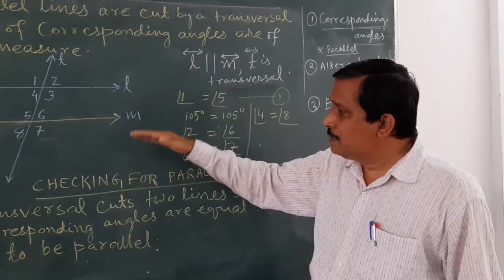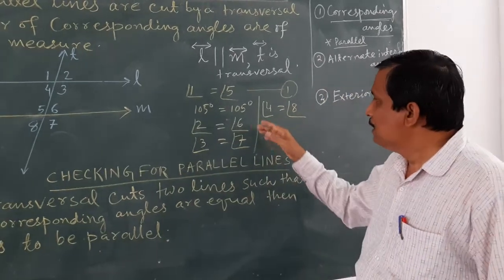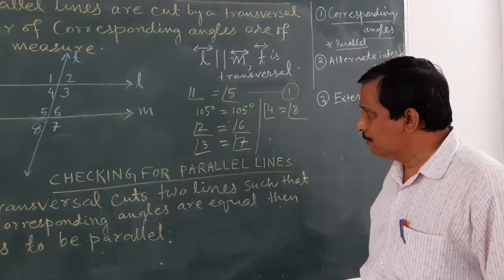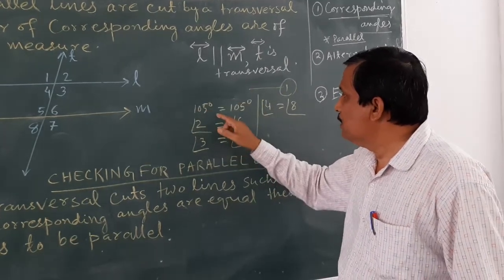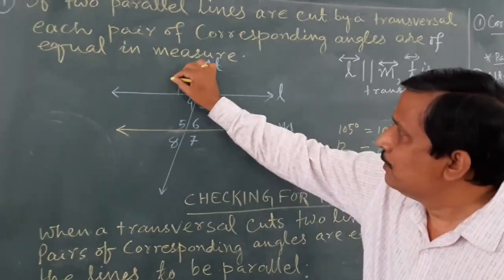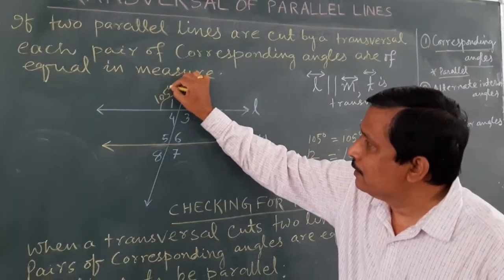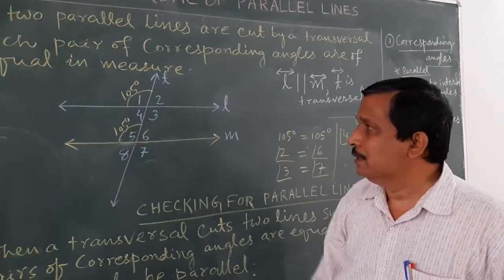Then how can you check the reverse of that? Suppose if this is not given, suppose angle 1 is not equal to 5, you would only know that this angle 1 is the measure of 105 degree and this angle 5 also measure of 105 degree, just like this.